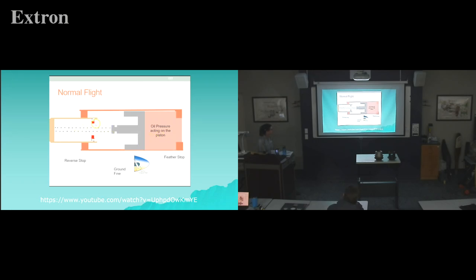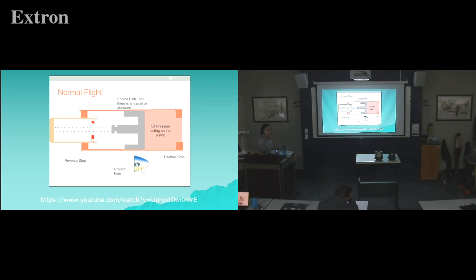So when we're in normal flight, the propeller is turning, and there's centrifugal force acting on the start latches, and that force is pushing the start latches out. Now let's assume that the engine fails in flight.